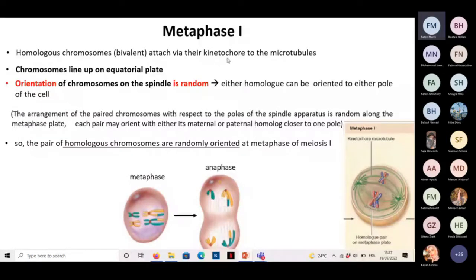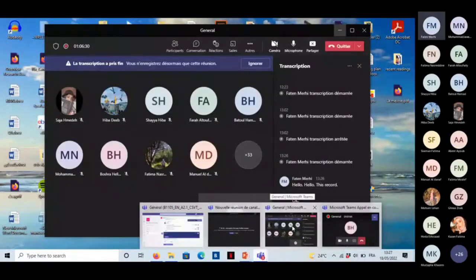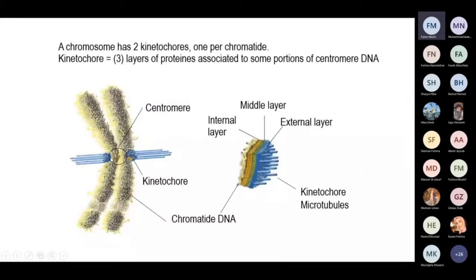As you know, do you know what is the kinetochore? Okay, you don't know. The kinetochore is a protein complex that binds to the centromere region of the chromosomes.